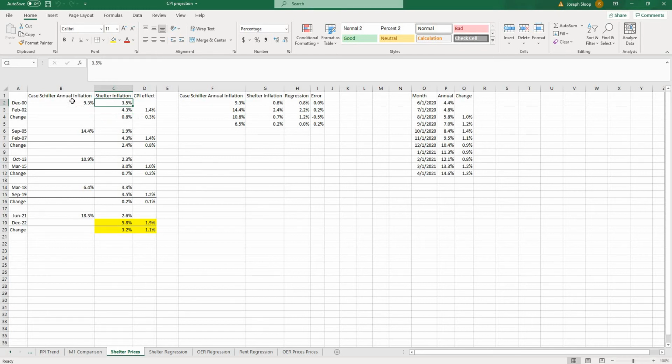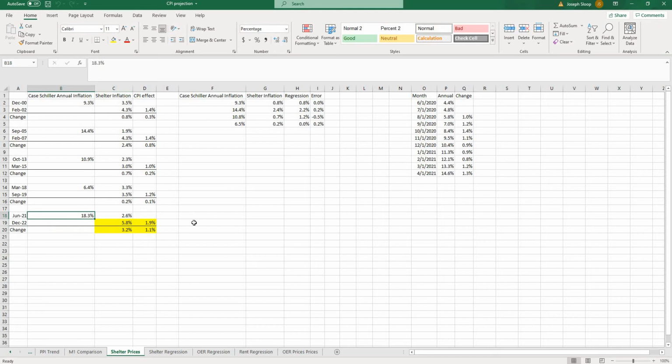That was when the home price would peak, and then about a year and a half later or so, it would raise it up to a new inflation rate for shelter. And it was pretty consistent. I was able to run just a simple linear regression analysis, and it holds up pretty well on predicting the effect that home prices will have on shelter prices, especially in terms of inflation rates.